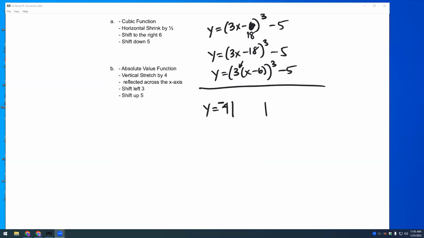And then what? X plus 3 plus 5. That looks good. Okay. Reflected across the x-axis, that's a negative. Vertical stretch by 4, that's the 4 in front. Shift left, again, you have to be the opposite side, and shift up by 5. Good job.